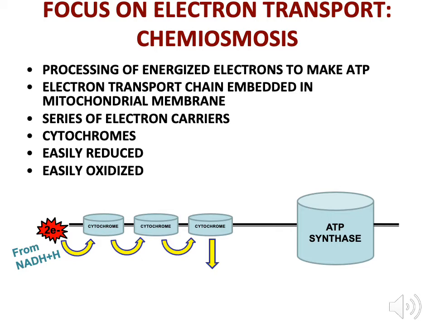They're easily oxidized. Take a look at the far left. There's my 2 energized electrons from NADH plus H. We're going to pass them from cytochrome 1 to cytochrome 2, cytochrome 3, and then they're going to jump probably to our final electron acceptor.